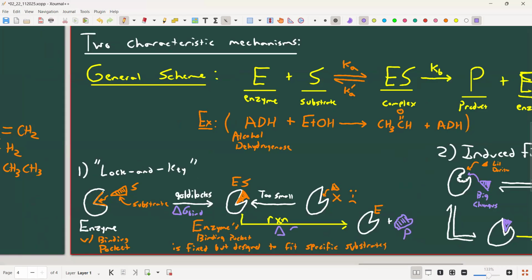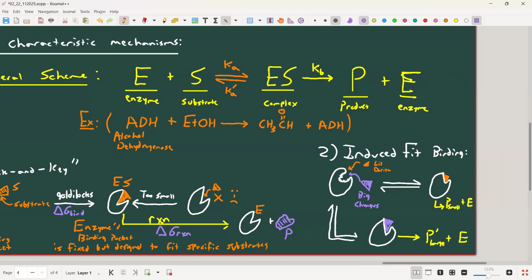So there's just two Gibbs energies to think about with lock and key. There's some binding energy. It tells you how willing it is to take that substrate. If the substrate's too big or too small, G is going to be positive. And then we have some reaction delta G. Super easy. Very convenient.